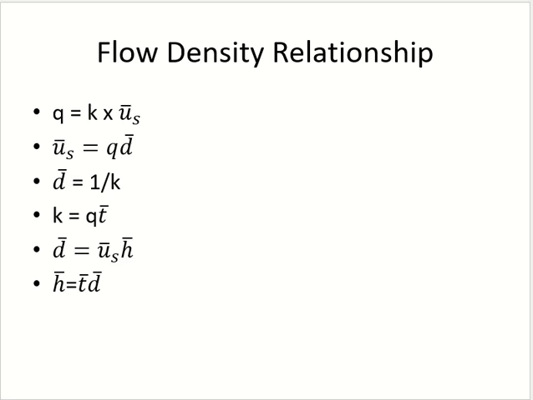So now I will do what? This is my basic equation, right? And I said flow is the inverse of headway. So now I replace flow with the inverse of headway, so Q will become the inverse of headway. And I know K is the inverse of spacing.